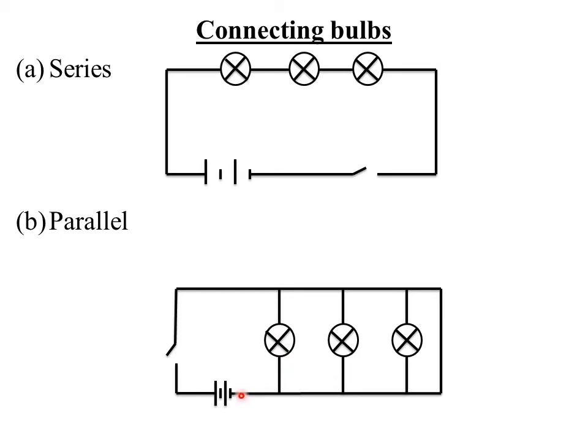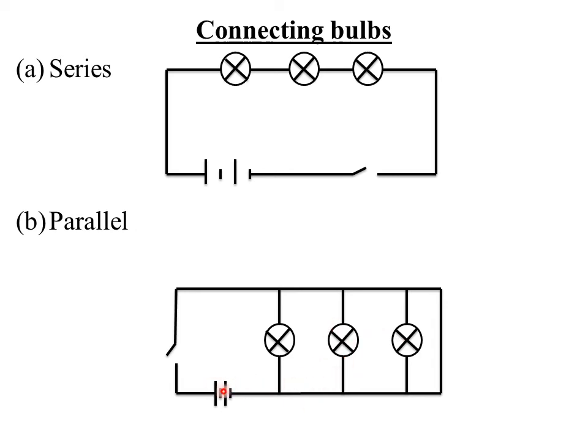So this bulb is connected to the negative terminal, then again connected to the positive terminal, then this other bulb also to the negative and to the positive, this other bulb also connected to the negative terminal and also to the positive terminal. So it means if you disconnect this bulb here, these two bulbs will continue lightening with the same brightness. Why? Because their circuit will still be complete.